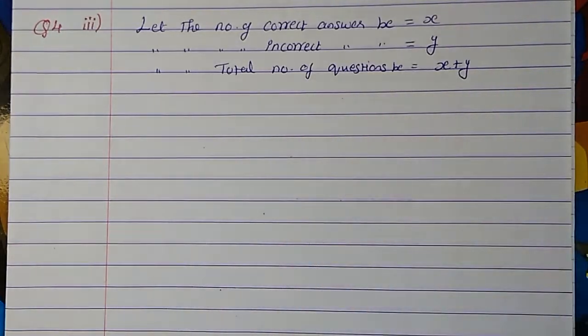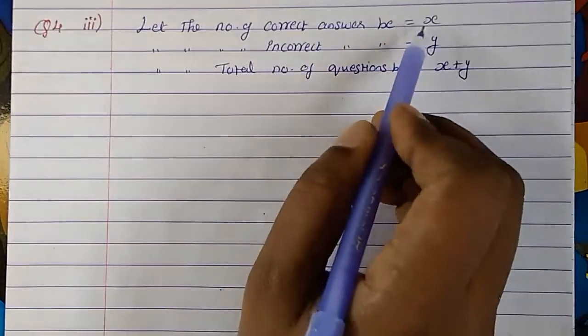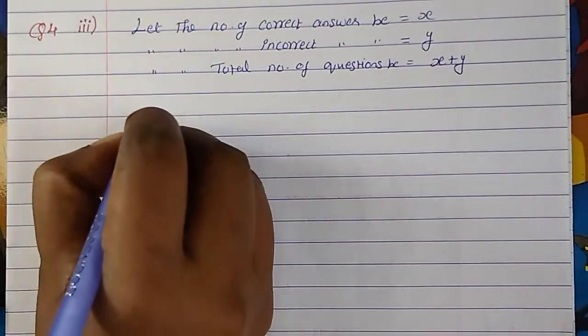Now let's prepare the equations, how to form the equations. So Yash scores 40 marks when for each correct answer he gets 3 marks and each wrong answer he loses 1 mark. In that condition he gets 40 marks. So for each correct answer, the correct answers are x, so that means 3x.